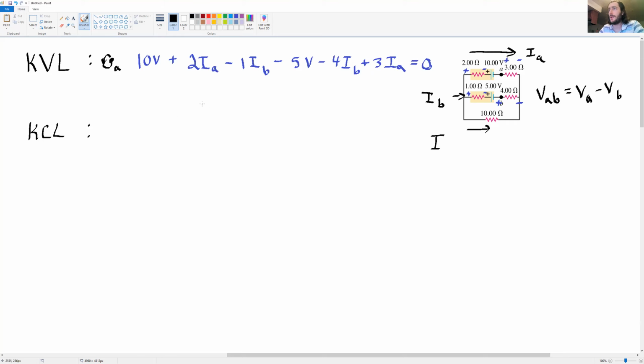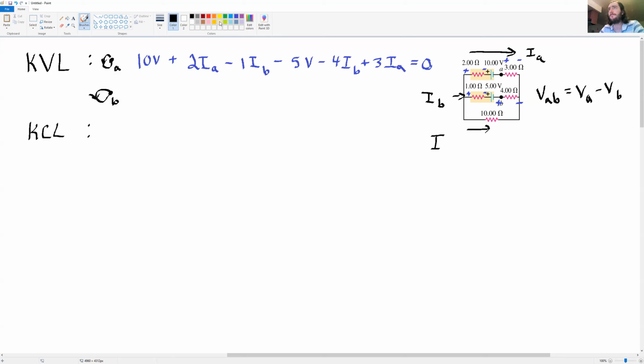So we need at least one more KVL equation here. And so let's perhaps do the bottom loop. We can start from point B and go around counterclockwise again, like so.